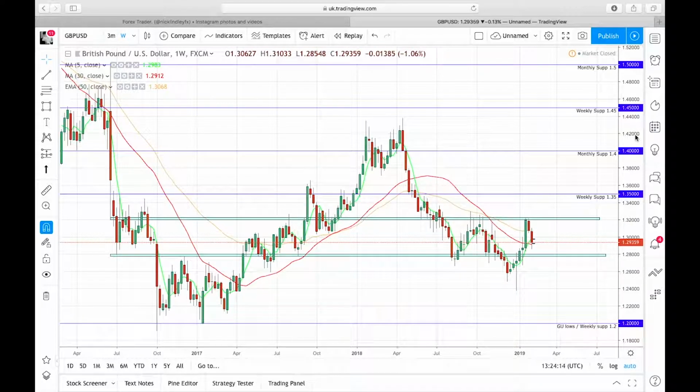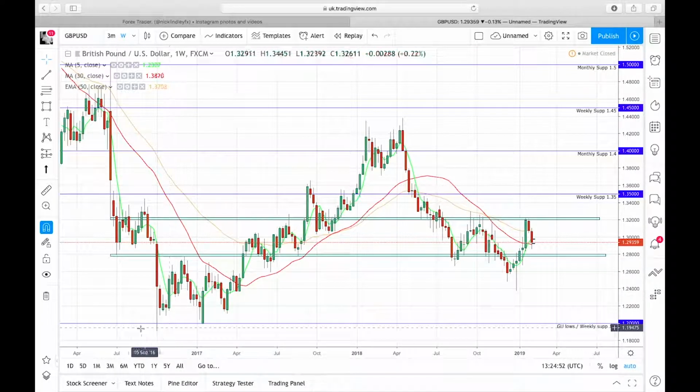Now, looking at this weekly consolidation range in between 1.28 and 1.32 in more detail, we can see that when we initially entered this range, we rejected 1.28 and we consolidated up to 1.32. We bounced in between the two before eventually breaking 1.28 and making completely new lows on the pound to US dollar.